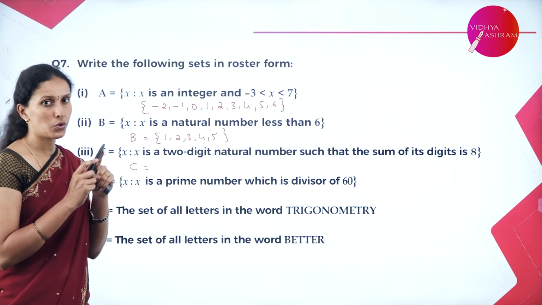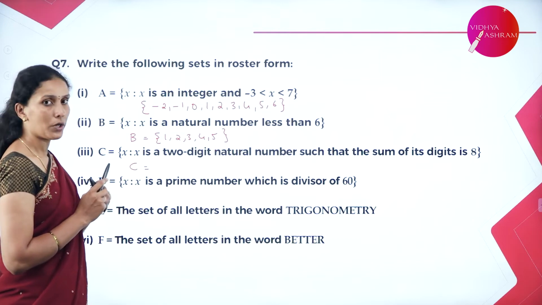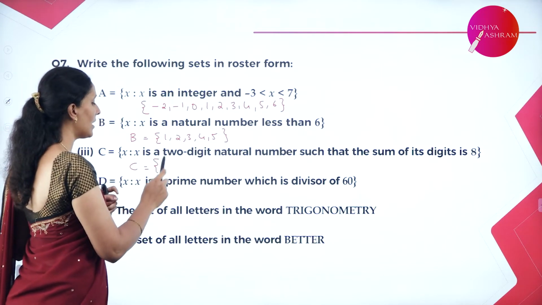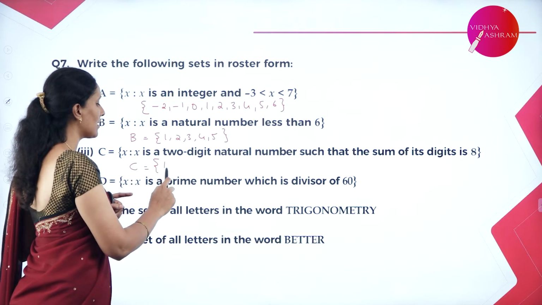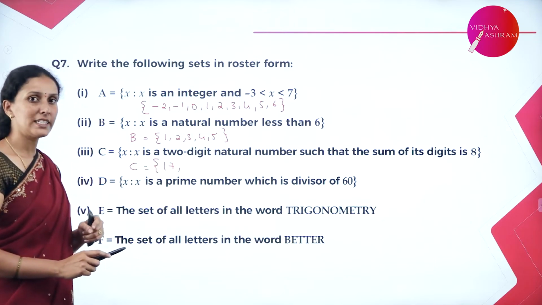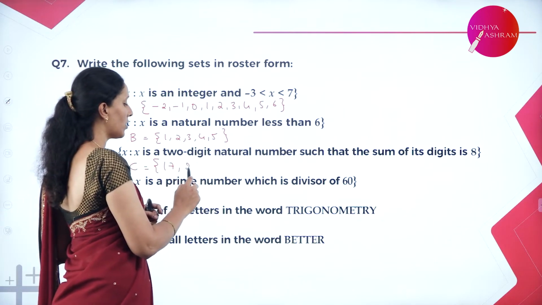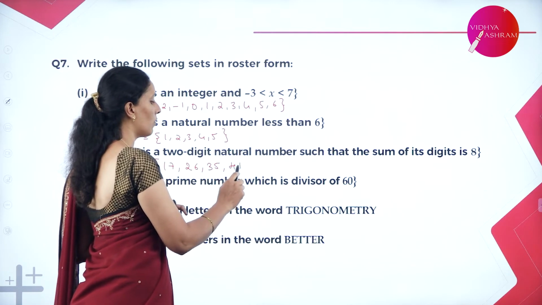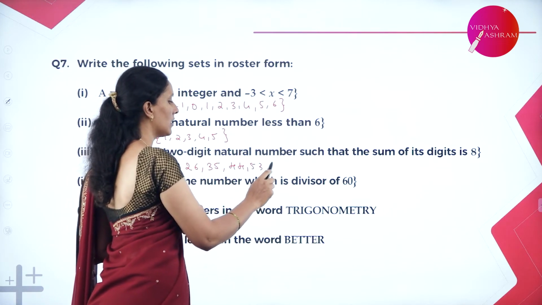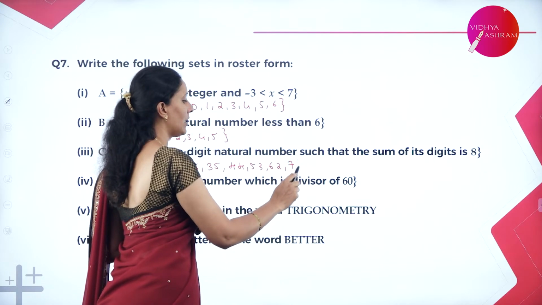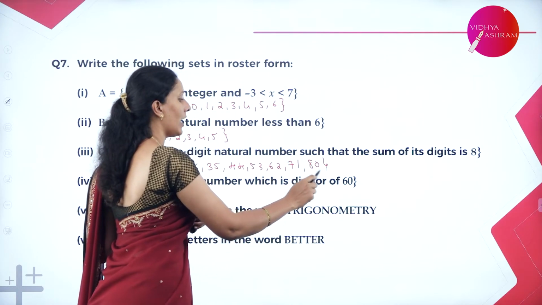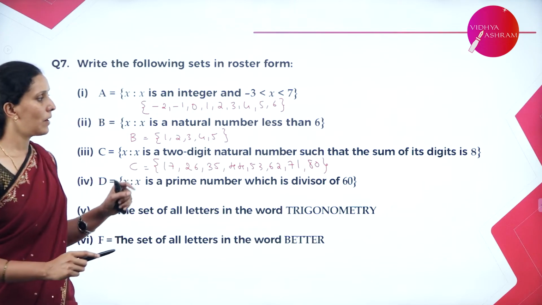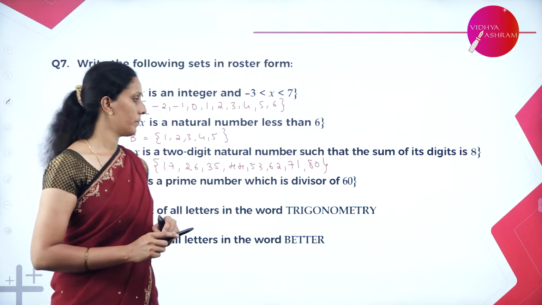So when you add those 2 digits, the sum should be equal to 8. So clearly we can take 17 as the first one because 1 plus 7 is 8. Next we can take 26, 35, 44, 53, 62, 71, 80. 80 is also a 2-digit number where 8 plus 0 gives you 8.